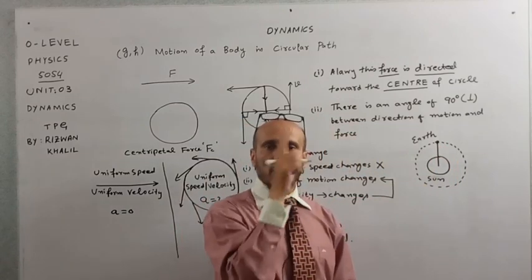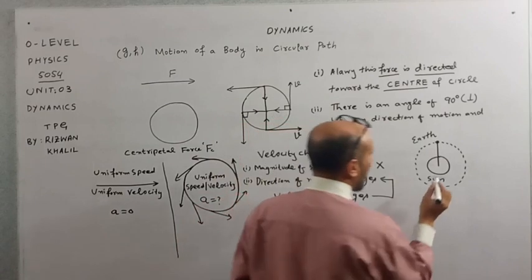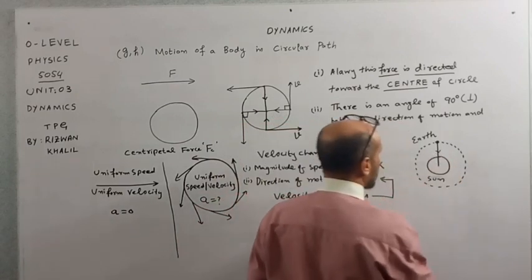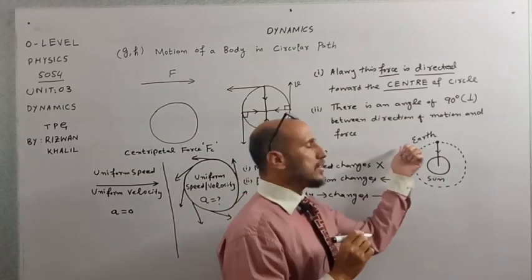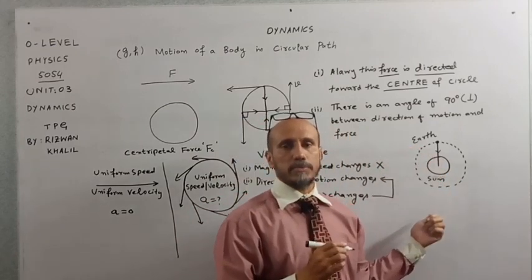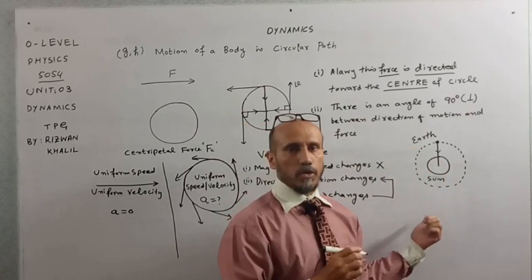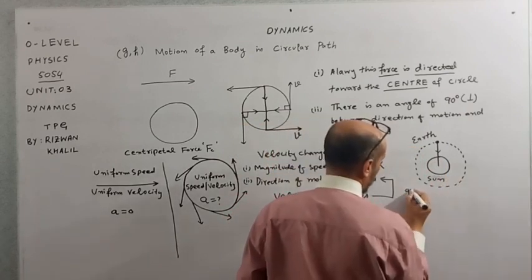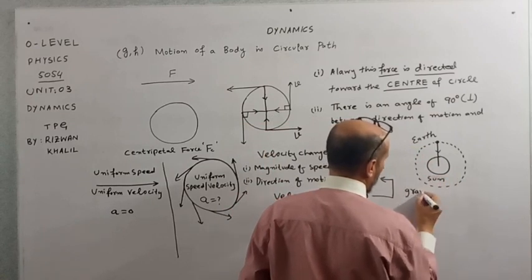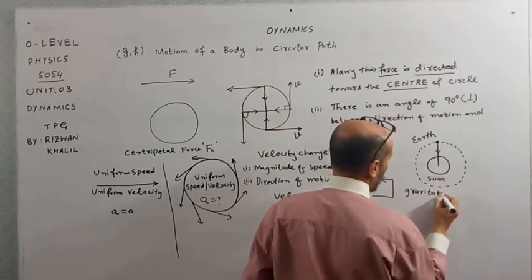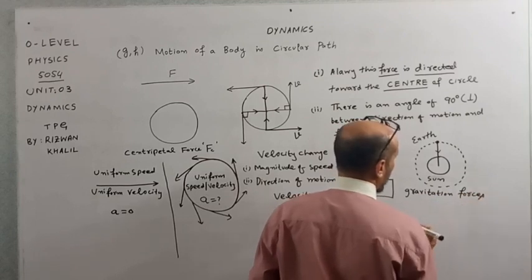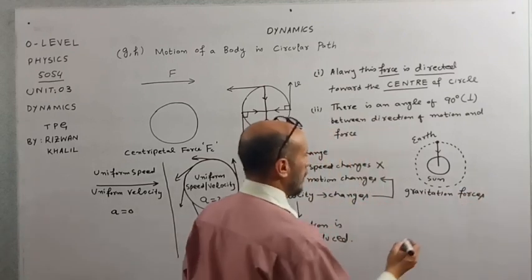Since the earth is revolving in a circular path, definitely it will be from the center of the earth towards the center of the sun. Since there is a force between these two planets which is called gravitational force, in the circular path, what kind of force exists between these two planets? Gravitational force.